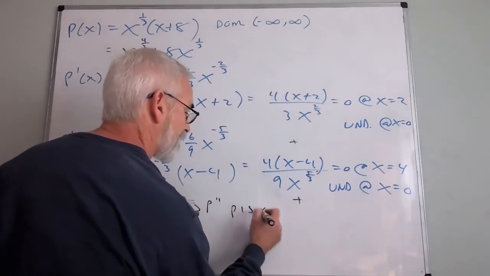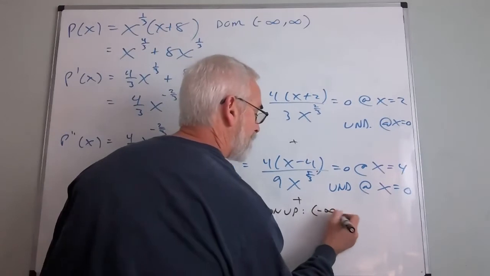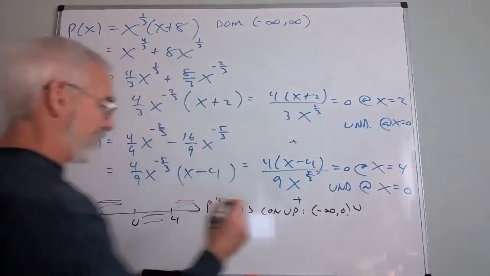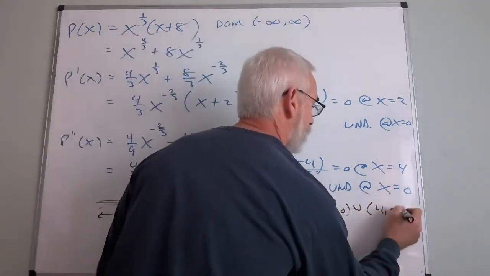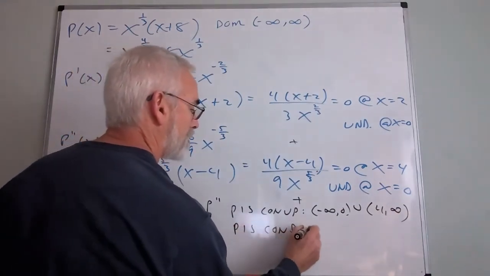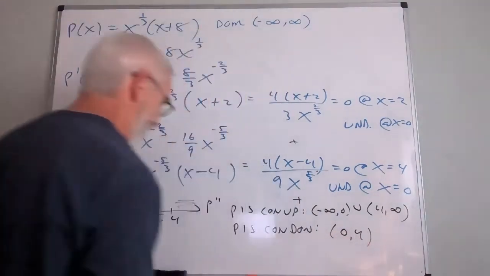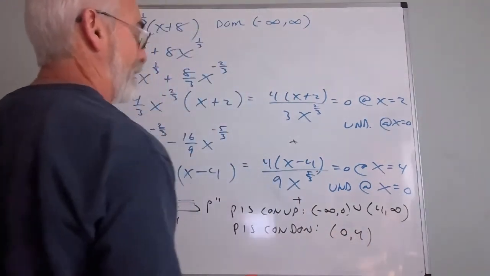So P is concave up from negative infinity to 0, and then again from 4 to infinity. P is concave down from 0 to 4, and that also means I have 2 inflection points.